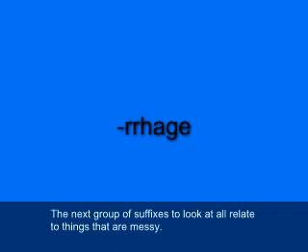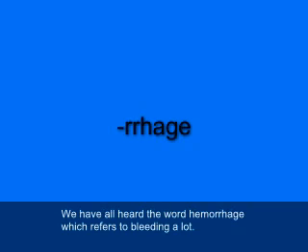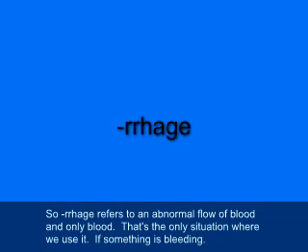The next group of suffixes to look at all relate to things that are messy. -rrhage refers to an abnormal flow of blood. We've all heard the word hemorrhage, I think, which refers to bleeding a lot. So rrhage refers to an abnormal flow of blood, and only blood. That's the only situation where we use it, if something is bleeding.